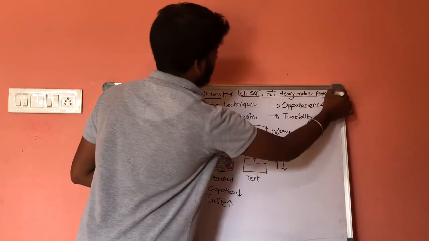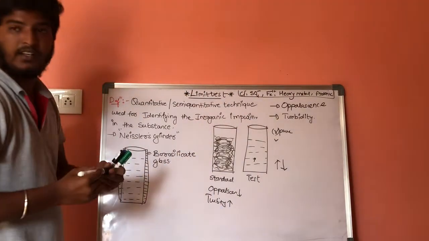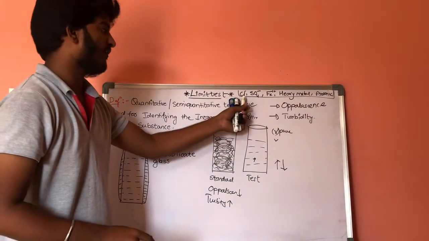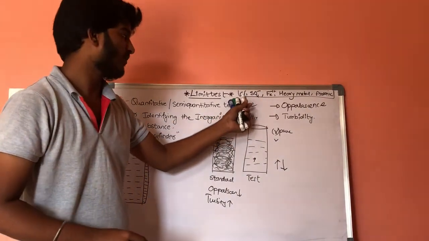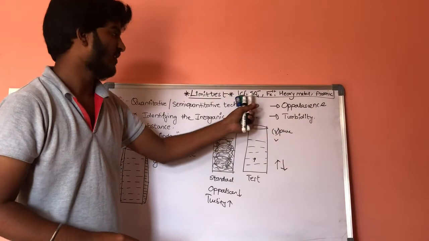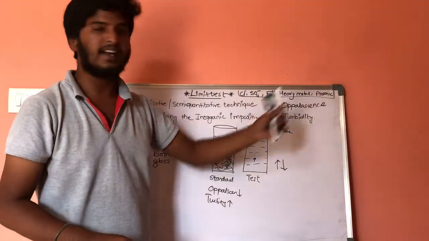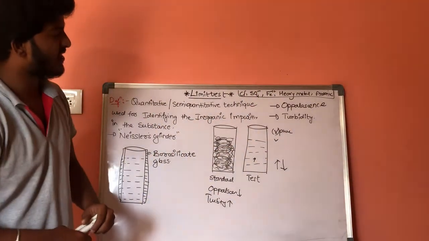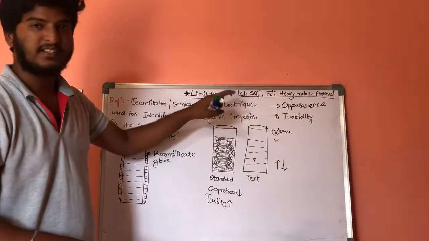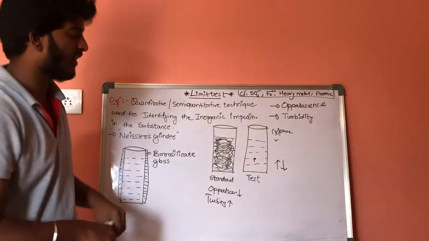These are the different types of limit test which describe impurities present in chlorides, sulfates, iron, heavy metals, and arsenic. Now let us discuss limit test for chlorides.